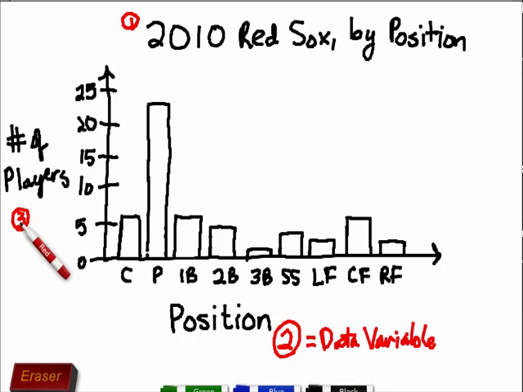Number 3, I'm going to be looking for either the percent or the number of individuals, and which it is depends on whether you have a frequency distribution or relative frequency distribution. Here I started with a frequency distribution, so I have a number of players. The 4th thing I'm going to be looking for, I'm sorry, it should be over here, is your scale on your vertical axis.